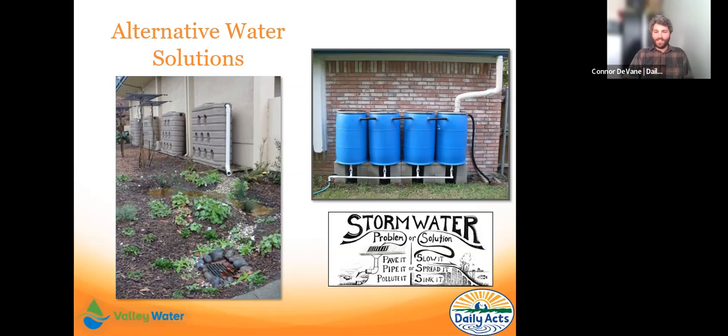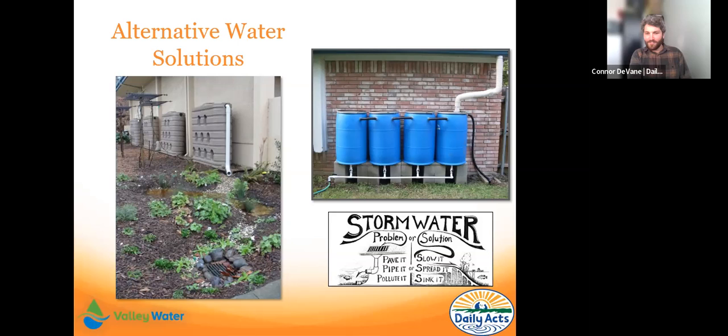So anything we can do in that regard is a huge, important strategy in the toolkit of water conservation and so much more. So on the left, we've got a rainwater harvesting system that overflows into a rain garden.